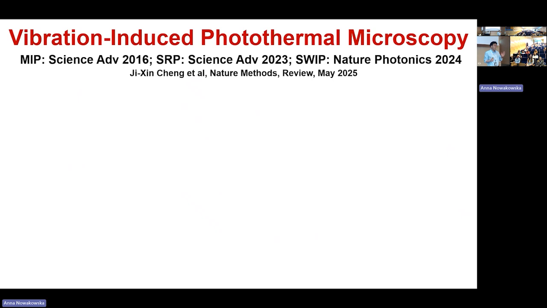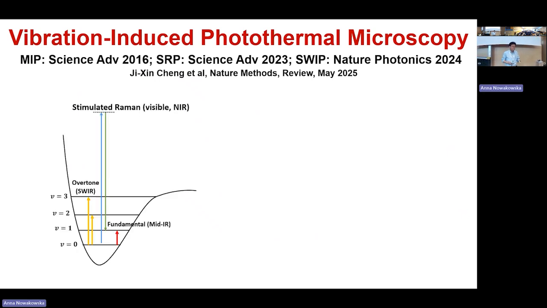Intuitively, this technique is very sensitive because it couples quantum mechanics and Newton mechanics. So we know that these vibrational transitions are quantized with a lifetime on the picosecond scale.